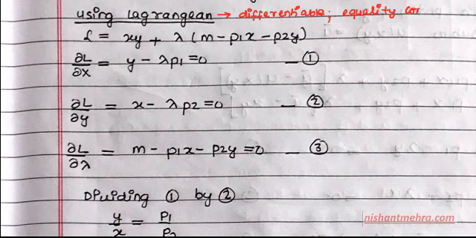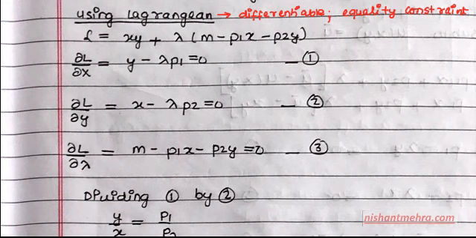We are not solving the inequality constraint problem, because that theorem is also like Lagrangian. I don't think it will be asked in the IES paper, but still we may do one or two questions based on that as well.